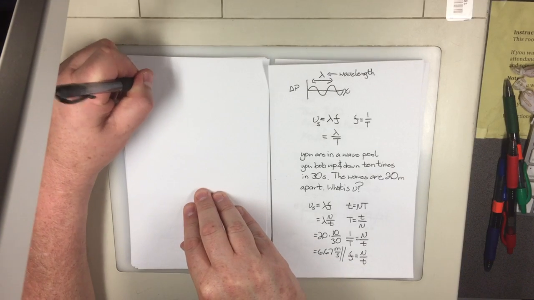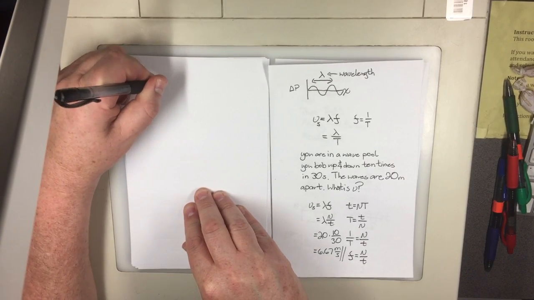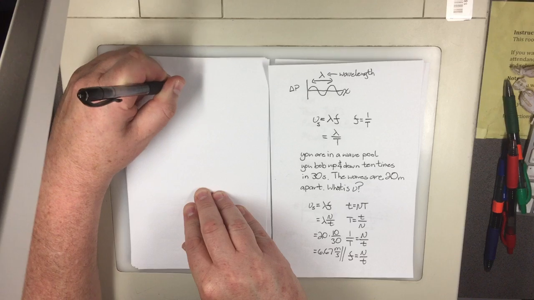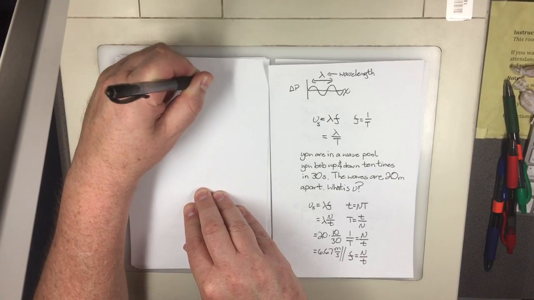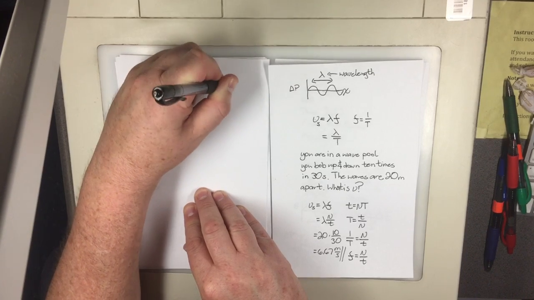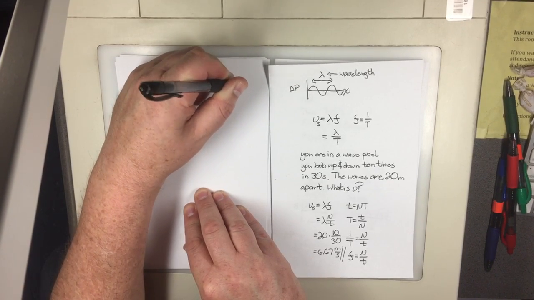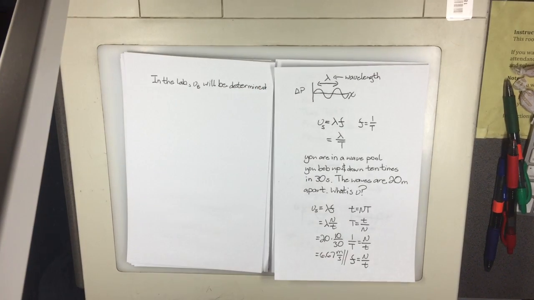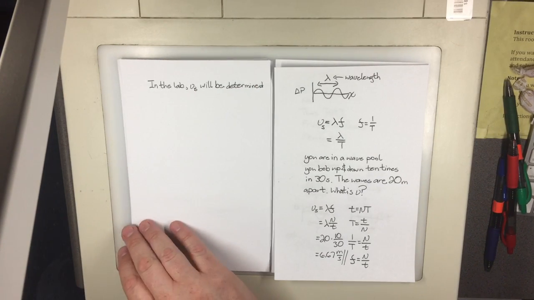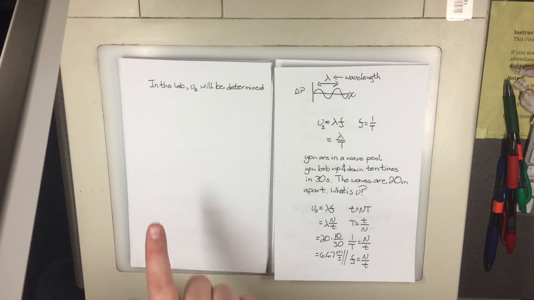In the lab, VS will be determined. We're going to go over that experiment in a little bit, but not right now. I will say this at the moment. In the lab, VS will be determined.